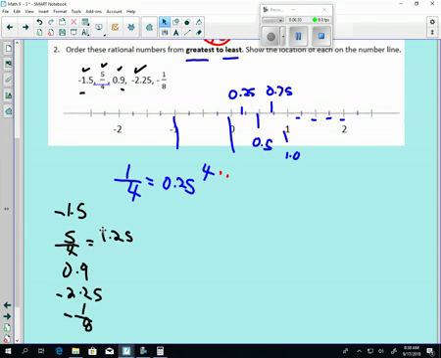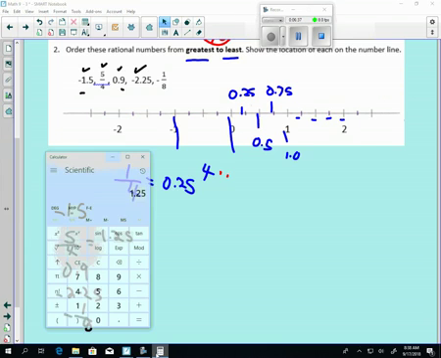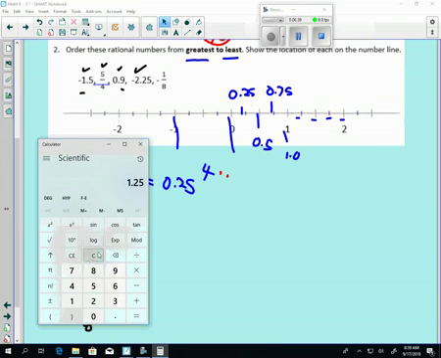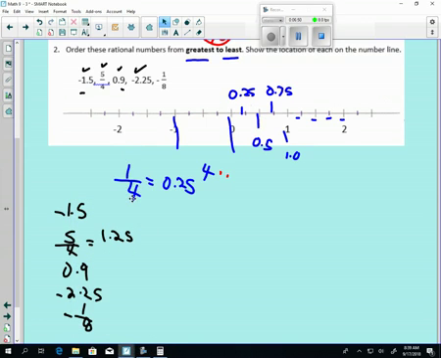And we put that into our calculator. One divided by 8 is 0.125, and it's a negative. So there we have everything in decimals.